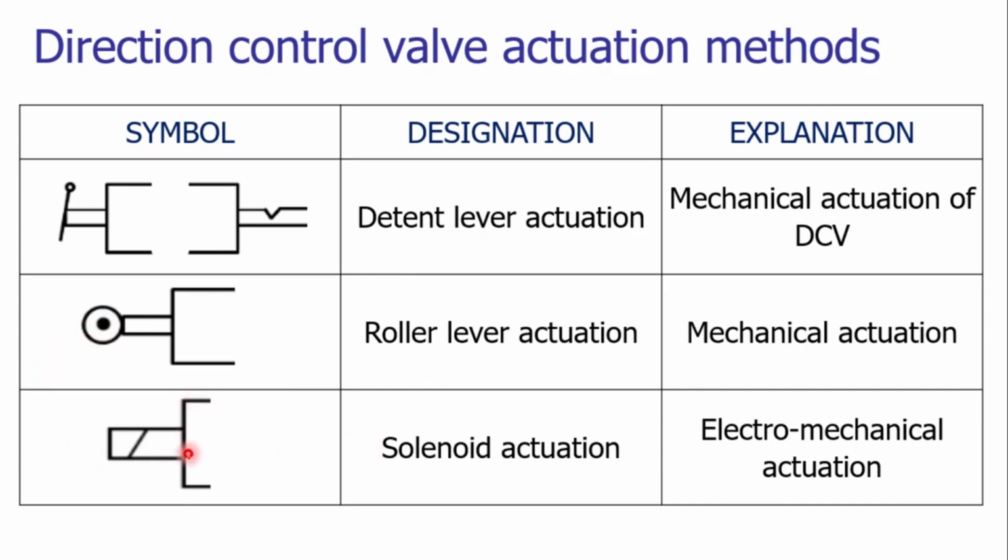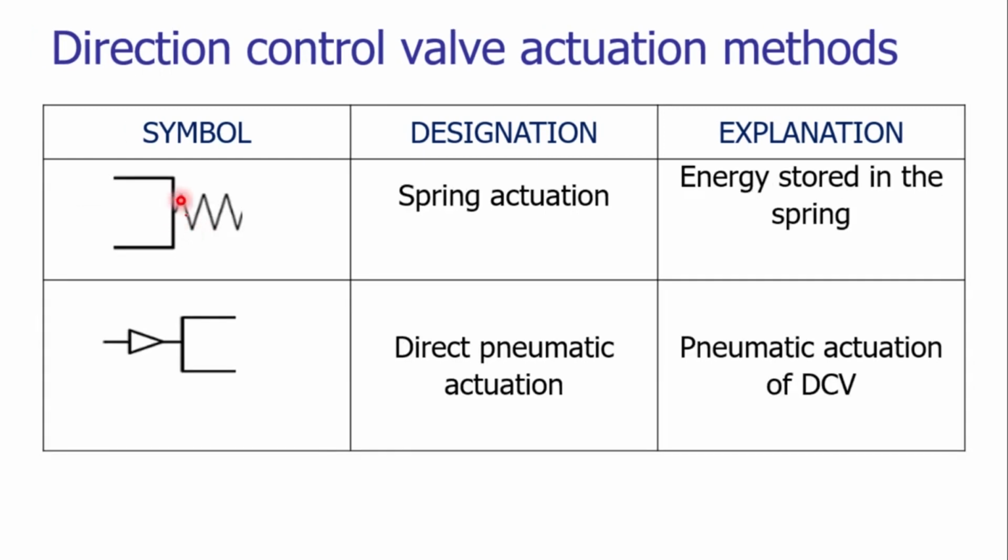This is representing the solenoid actuation. We are using a rectangle and an inclined line. The solenoid actuation, as we know, is the electromechanical actuation. The springs are represented by using a zigzag line, and we can also utilize the pneumatic based actuation.